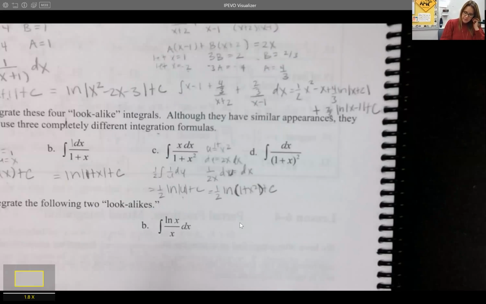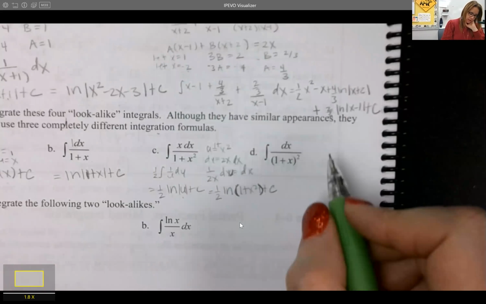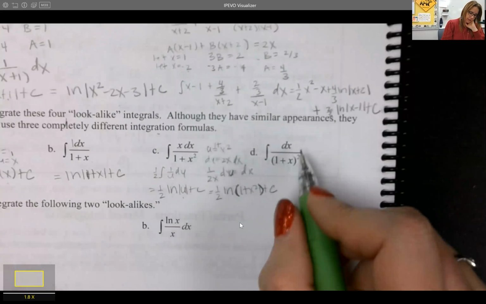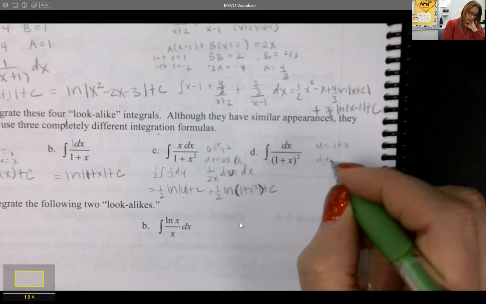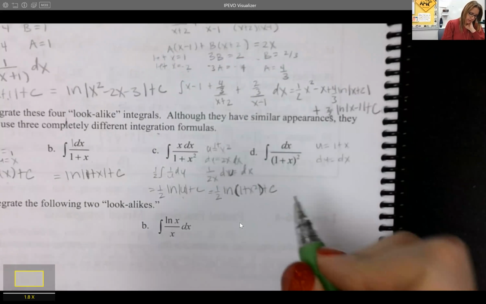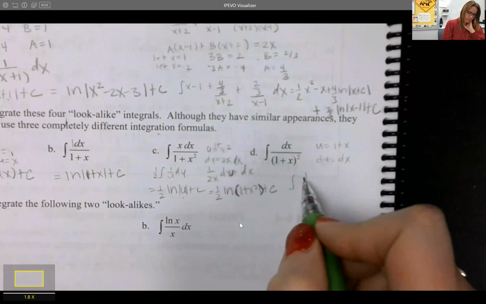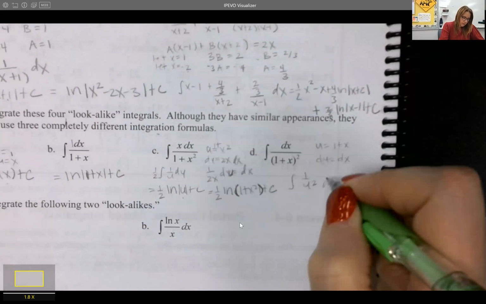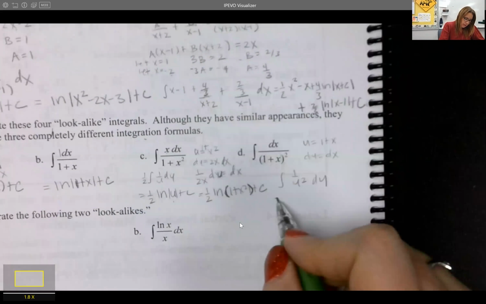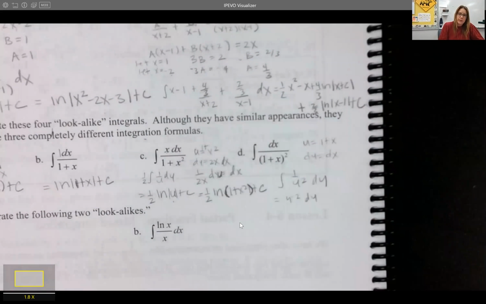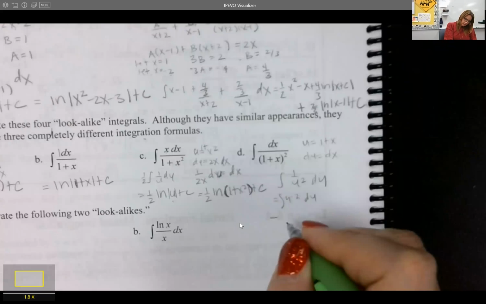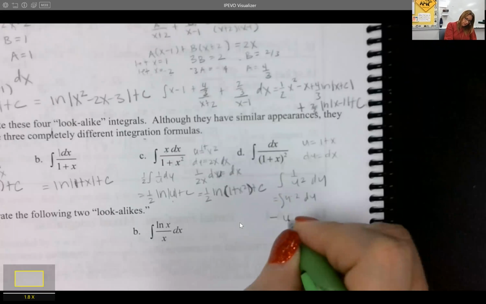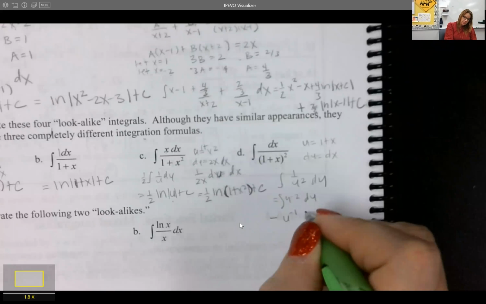All right, and then the last one we have is 1 over (1 plus x) squared. So let's see if I do a u substitution. du is just dx. So I've got the integral of 1 over u squared, which is the same as u to the -2. Okay, when I take the integral of u to the negative 2, we get negative u to the negative 1, because we're adding 1 to the power, plus c.